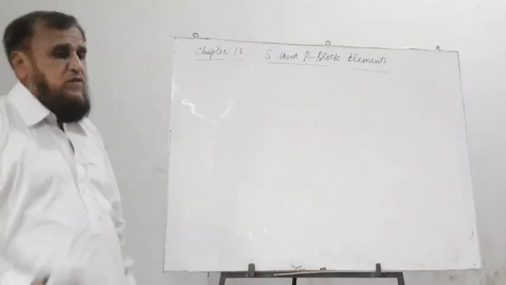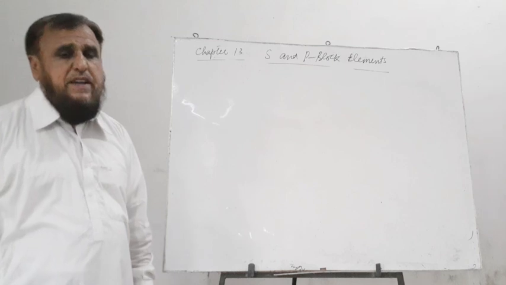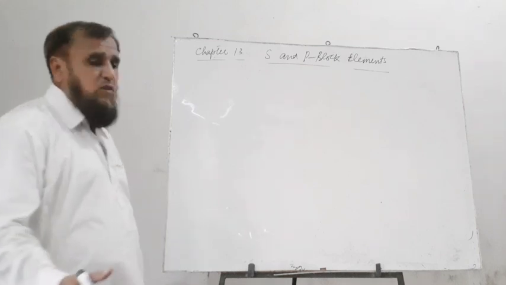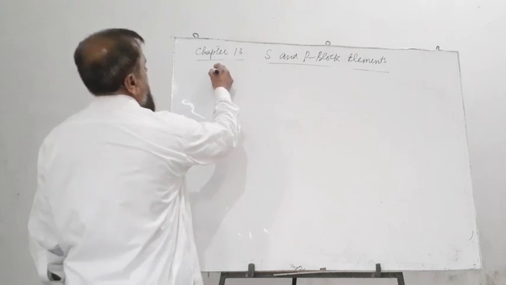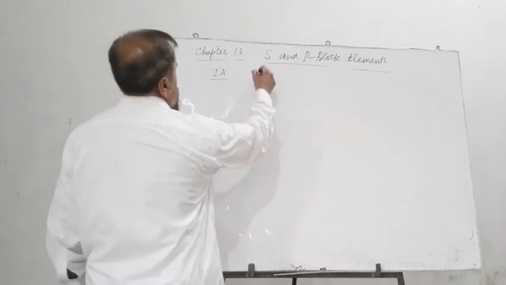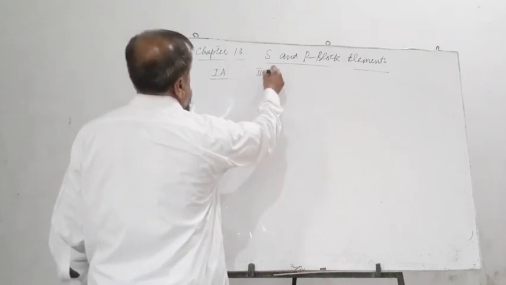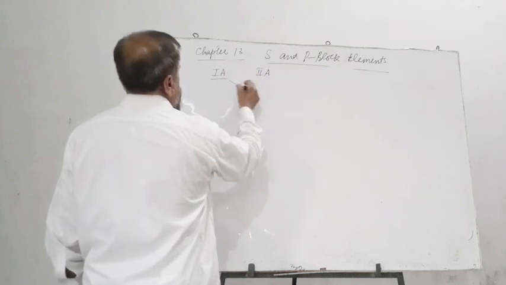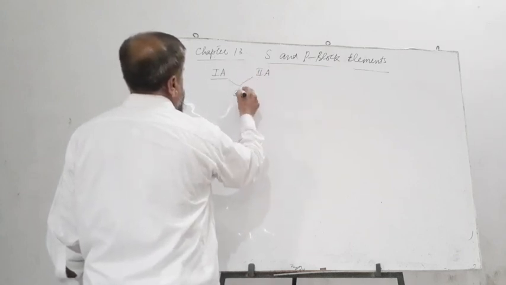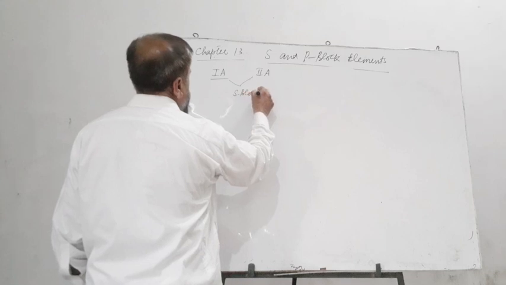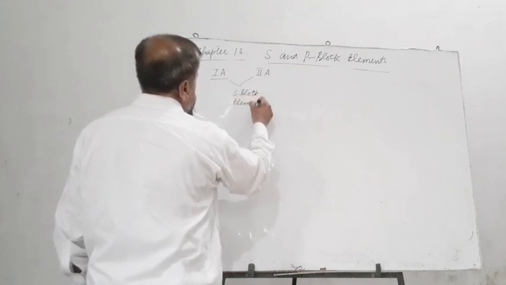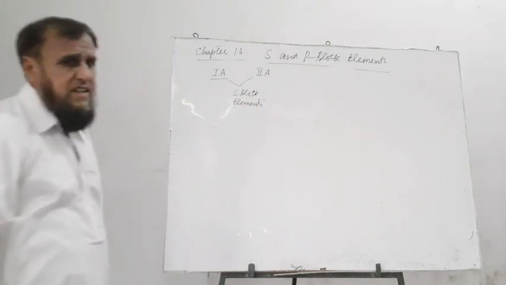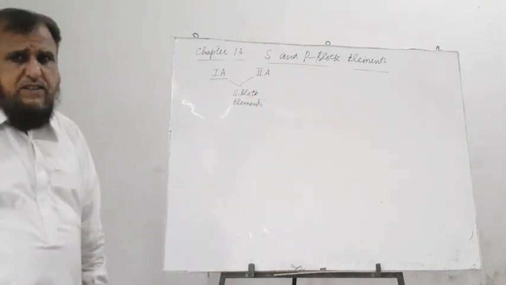Now we come to the specific topic of s and p block elements. We have already discussed that elements of group 1A and group 2A of the periodic table are known as s block elements, because the last electron always enters the s orbital.